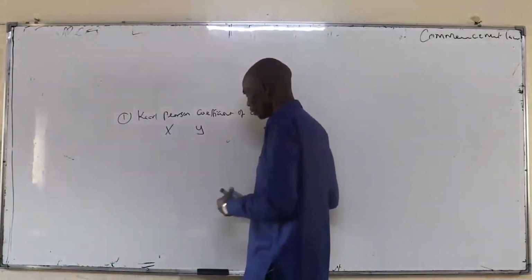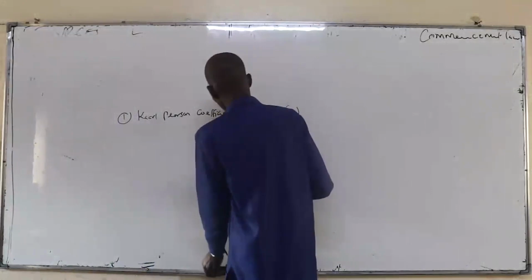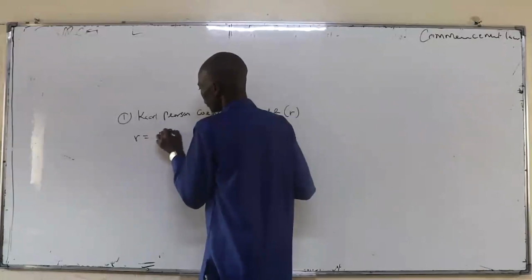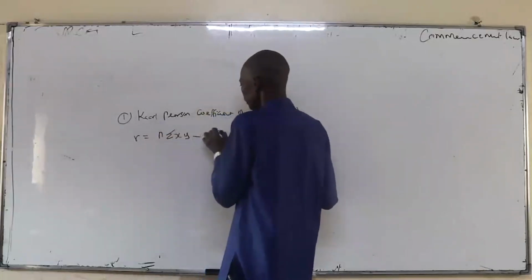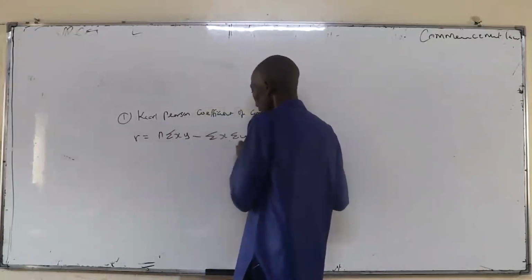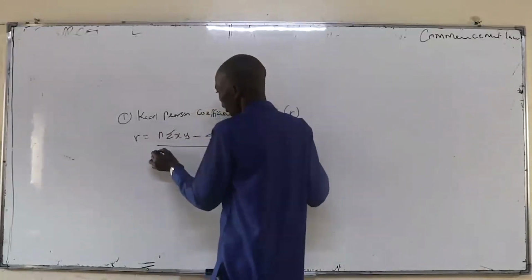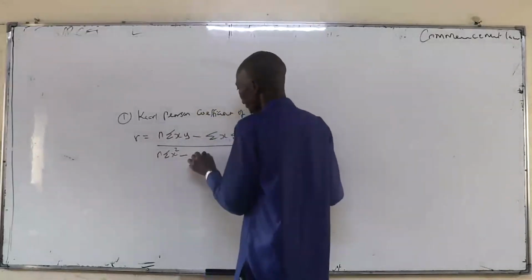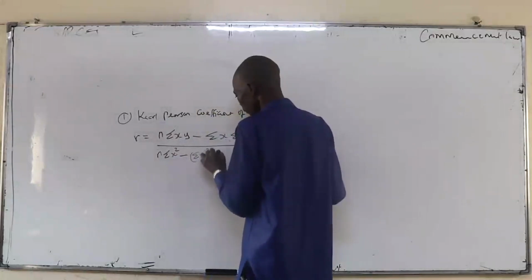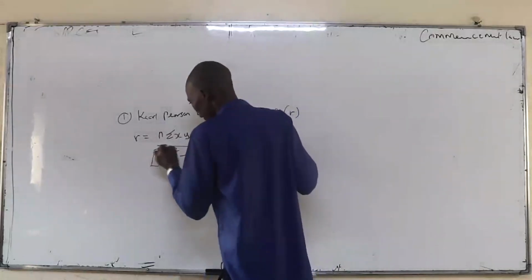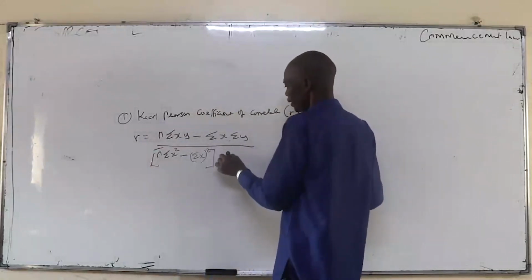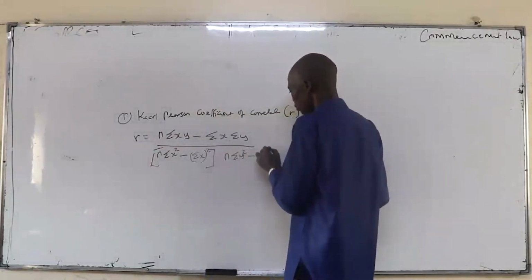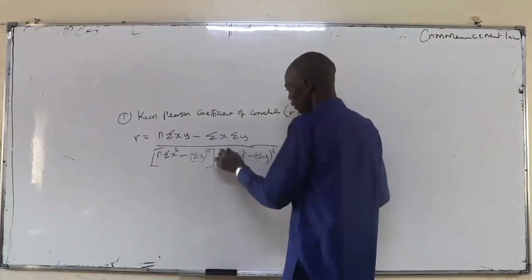We get the value of this correlation by r is equal to n summation of xy minus summation of x, summation of y, into bracket, over the square root of n summation of x squared minus summation of x, in bracket squared, then again, n summation of y squared minus summation of y, in bracket squared.